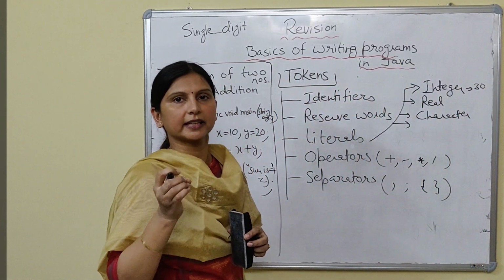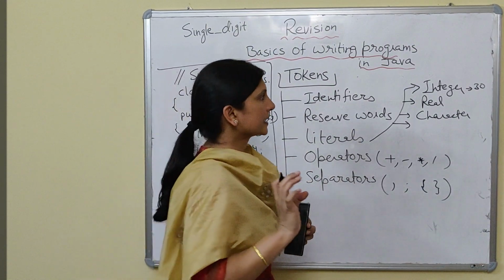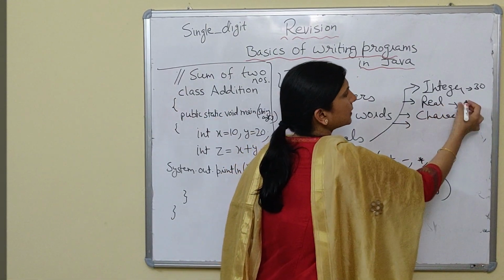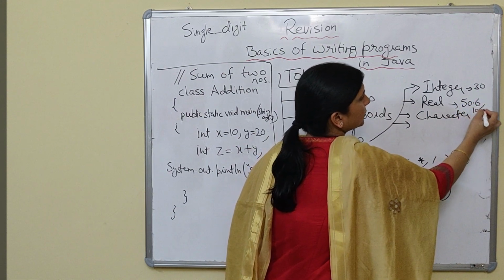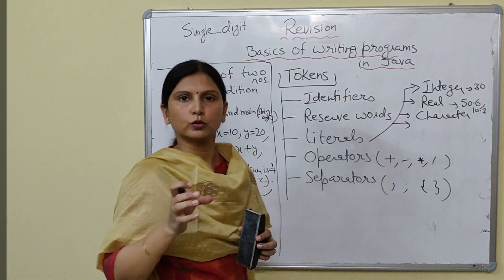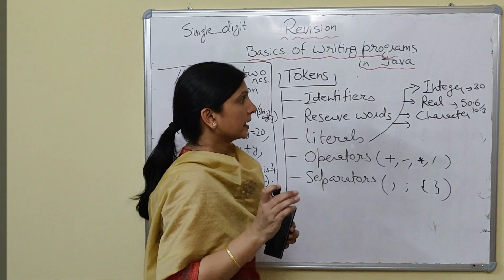It can be negative, it can be positive. Fine. So any whole value is called an integer. Real means any floating point value like 50.6, 10.3, whatever values we use in the program; those will be real literals.